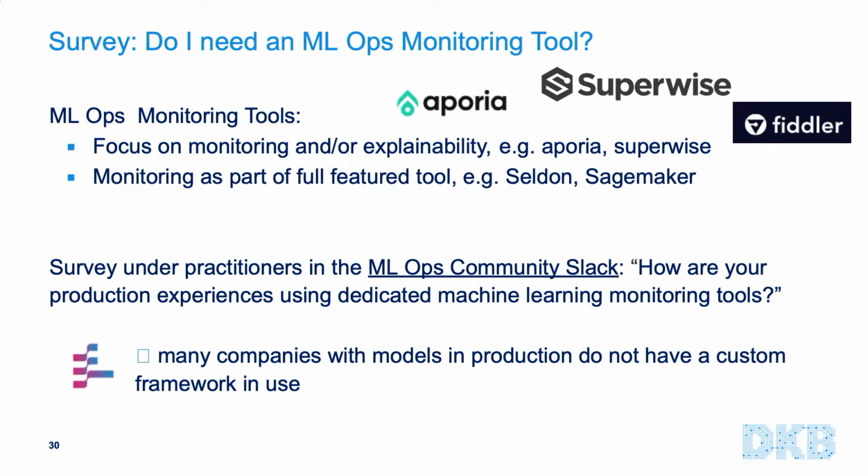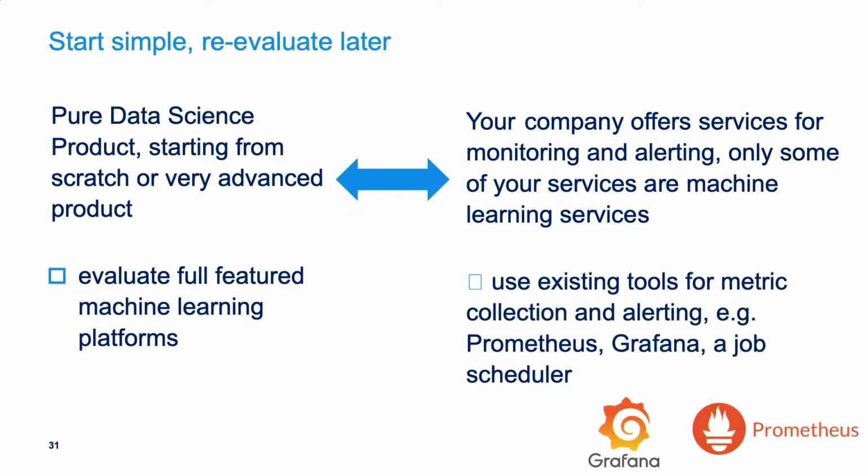And so what I actually recommend at the moment is that if your company is on the right-hand side, so it means you already have a backend team and you already have some services that you use for monitoring of your normal backend stuff, for example, you have Grafana or you have Prometheus, something for scheduling and polling, that probably you don't need a custom monitoring solution at this point.